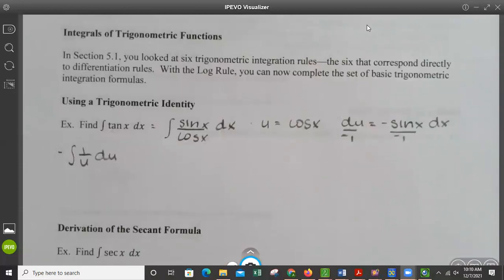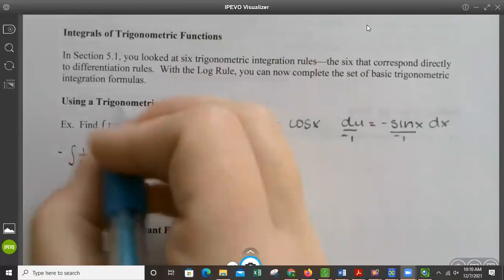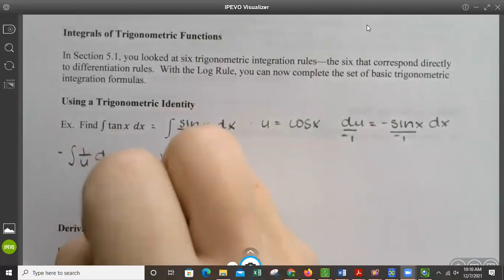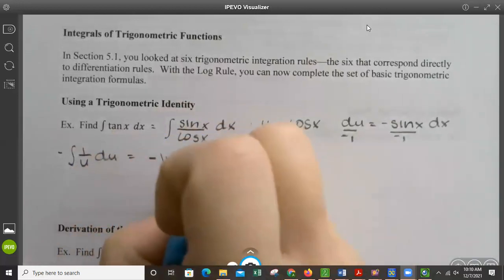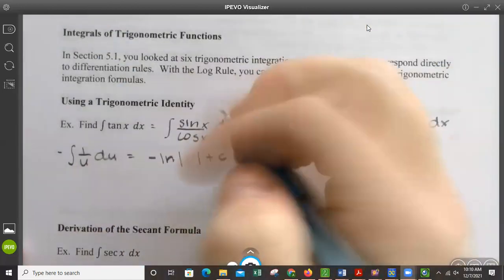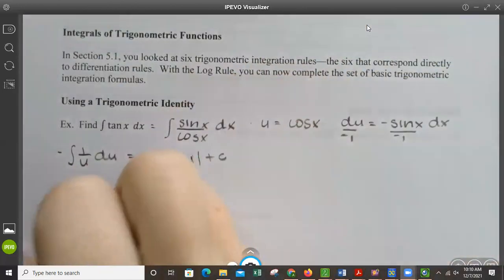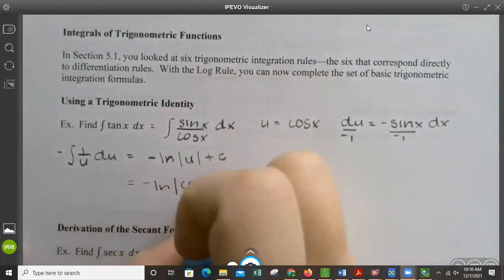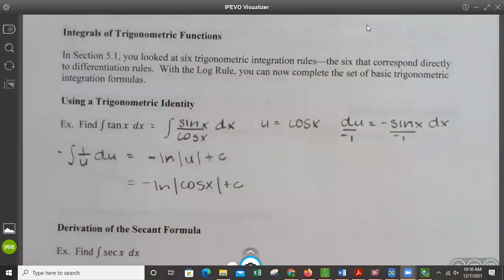Very good. What does that give me? I'm sorry, ln u plus c. And what was u? If you look in the front of your book, the integration of tan is going to show you that right there. Okay. So if you can just memorize the rule, you don't have to do the work.